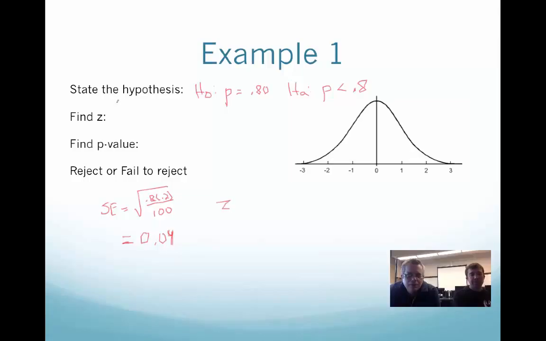So z equals 0.73, the value we observed, minus what we'd expect if the null hypothesis is true, 0.8, all divided by 0.04. The z-score is negative 1.75.